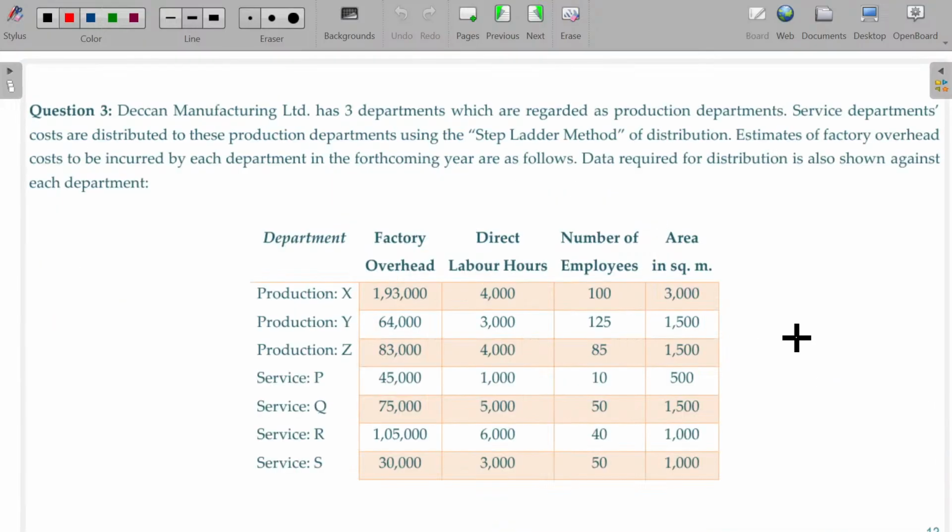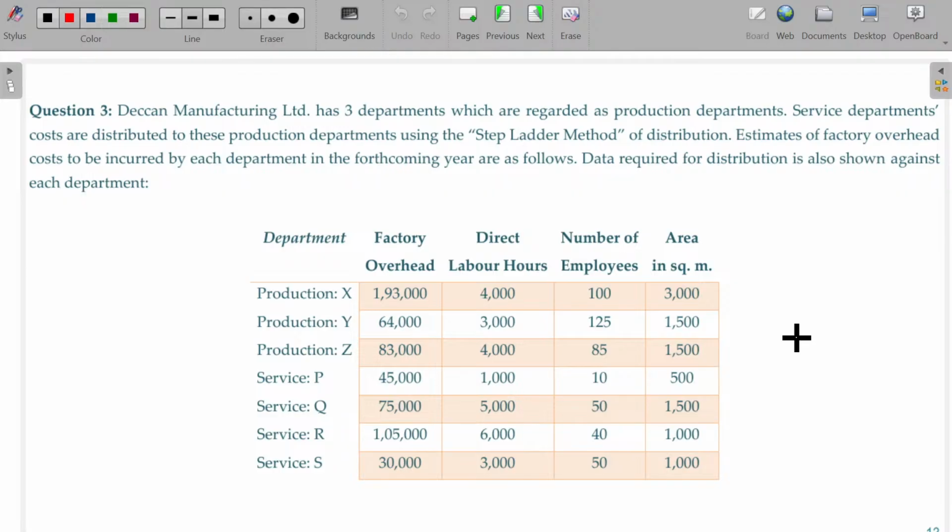Question number 3 is one of the interesting illustrations for the step or ladder method. Practically, all the departments are reciprocal only. A service department renders service to the other service departments, and some service will be taken by the same service department itself, and the production departments. Reciprocal only in the practical sense.